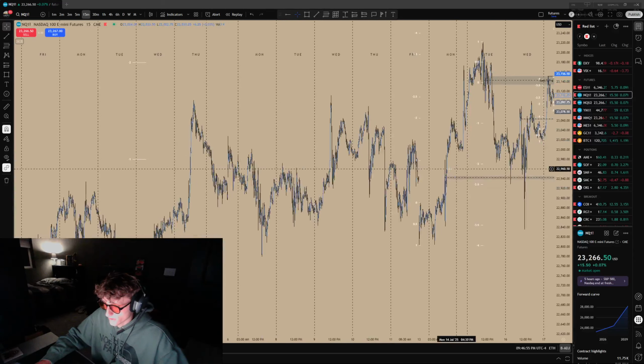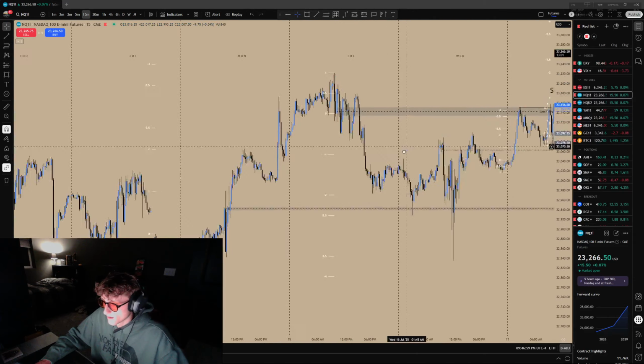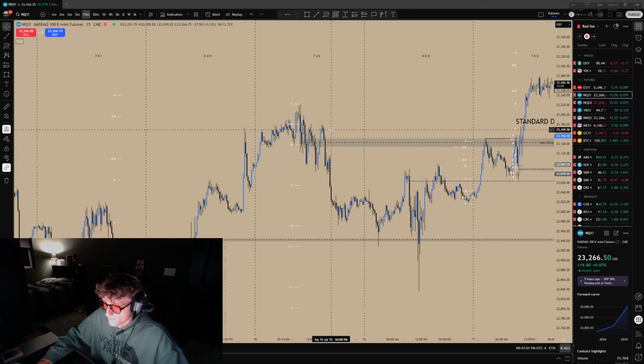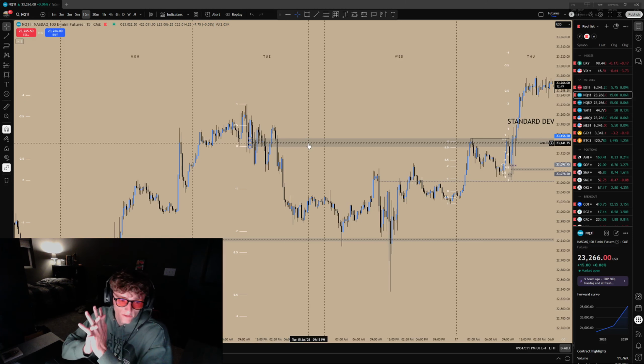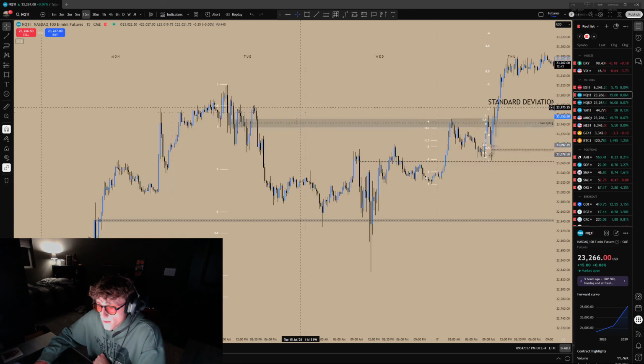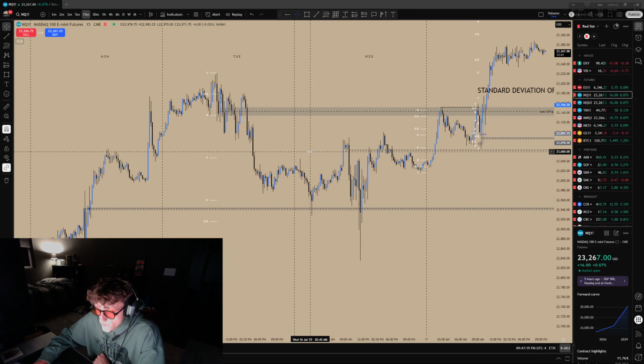As you can see, we accumulated pretty good for a week. So when we manipulate this, we're going to draw our standard deviation to the breaker, which this is, obviously. I don't want to go into what a breaker is, but this is a breaker. That's what we're drawing our standard deviation off of, from the high to the low. And then we just look and wait for our targets to get hit.